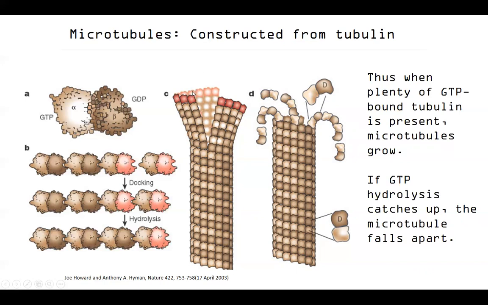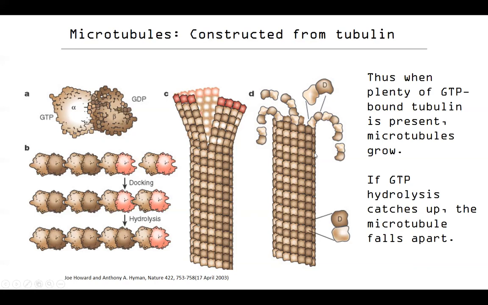So we have this balance between polymerization and depolymerization that is basically dependent on how fast we can continue to stack GTP bound dimers onto this structure. If we can rapidly keep adding, then we keep ahead of the hydrolysis. If we slow down and don't add as quickly, the hydrolysis catches up and we can end up in catastrophe.